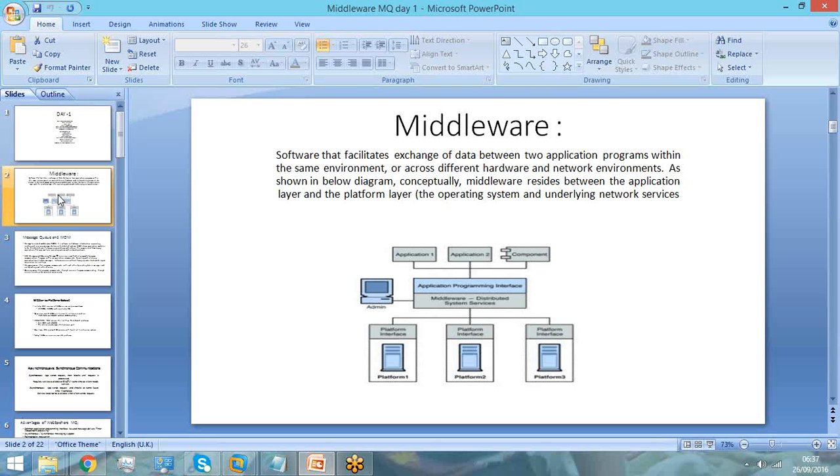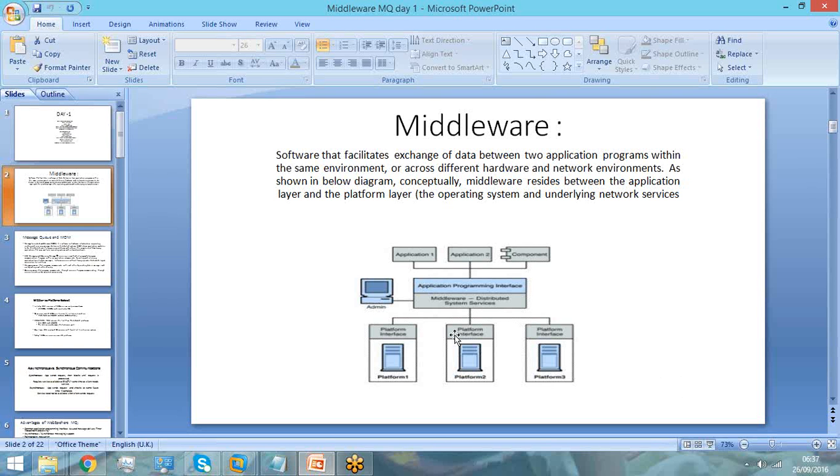Middleware is any product that comes in between your application and your network or operating system. If you see this diagram, you have different applications running on different platforms.